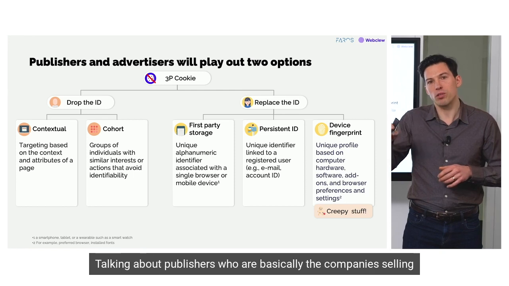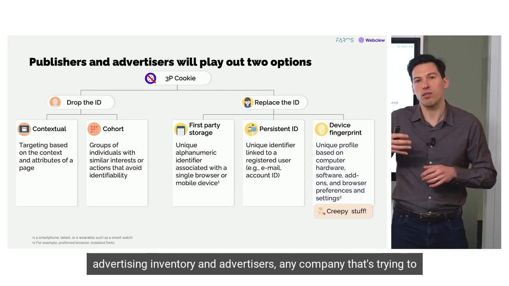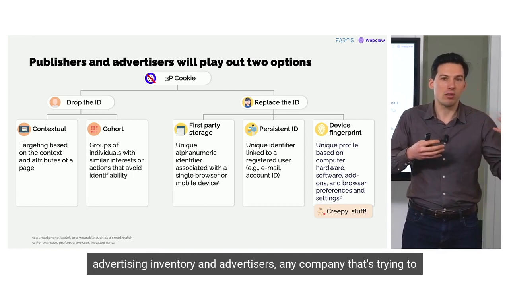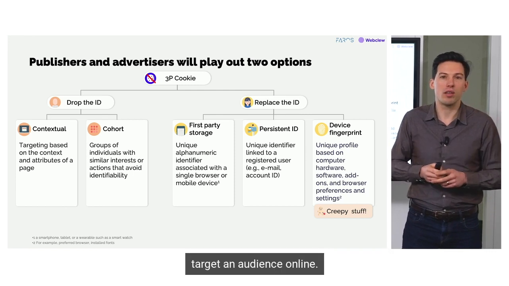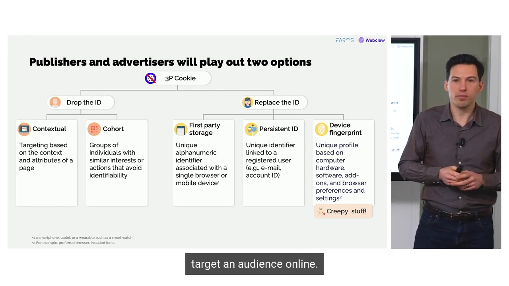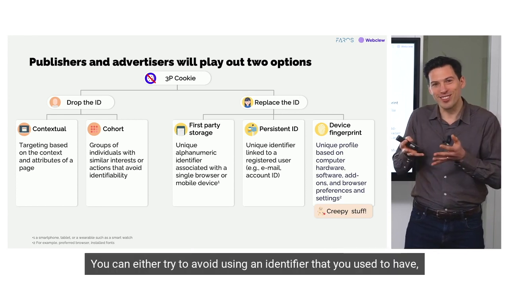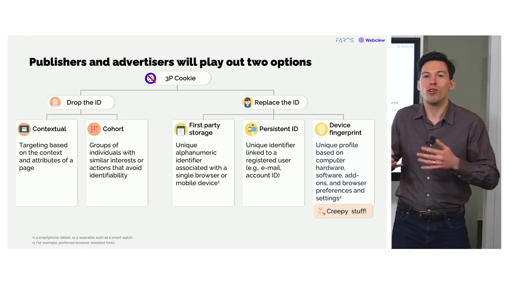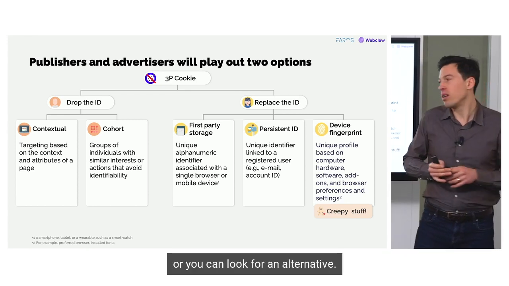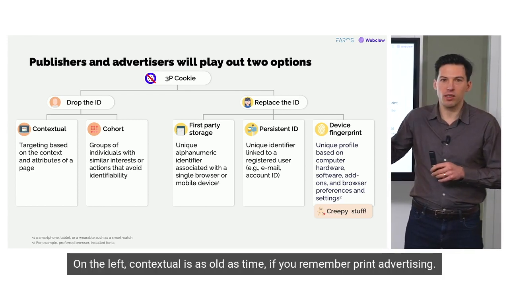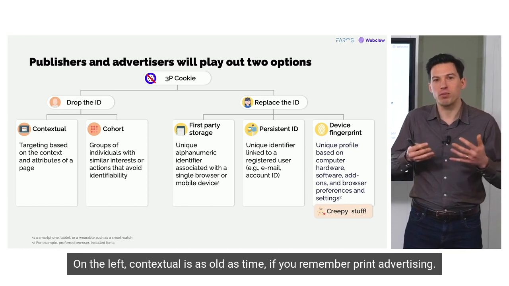Talking about publishers, who are basically the companies selling advertising inventory, and advertisers, who's any company that's trying to target an audience online. So you have 2 options. You can either try to avoid using an identifier that you used to have, or you can look for an alternative.